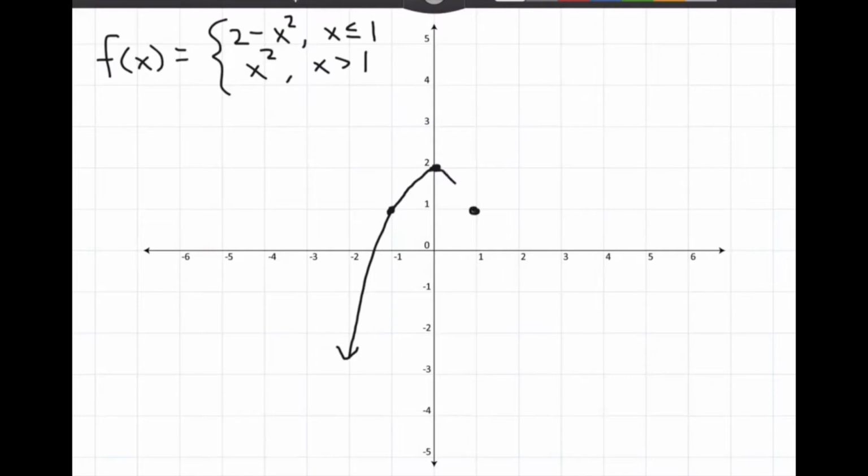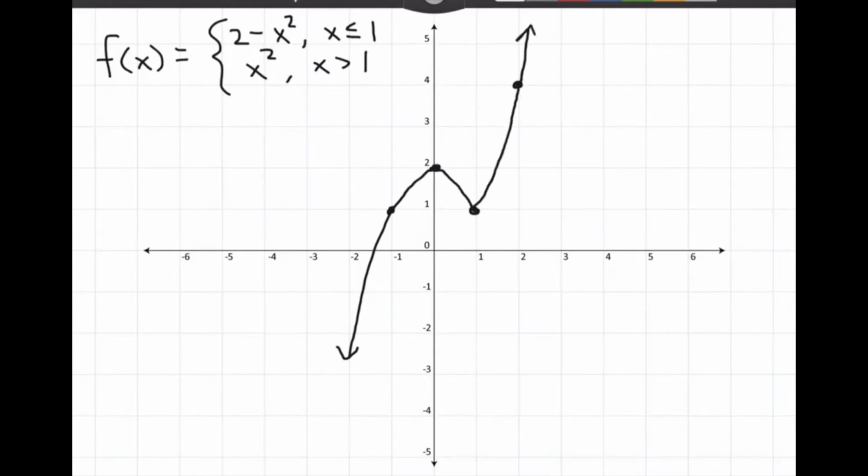And then I'm going to stop that parabola right there because that's where so-called rule number 2 kicks in. For x greater than 1, f of x is equal to x squared. So it's going to start at that same point, at the point 1, 1, and then it's going to go up in this direction.